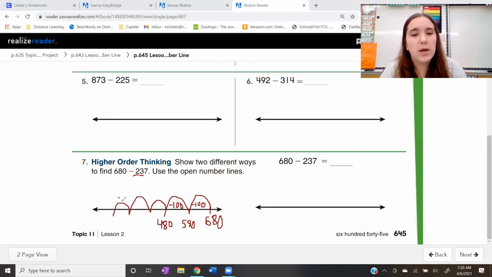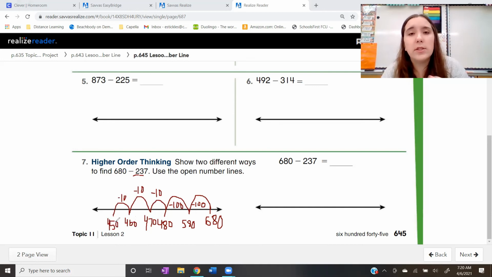So minus 10, minus 10, minus 10. I have 8 10s, minus 1 would be 7 10s, so 470. 7 10s minus 1 10 would be 6 10s, so 460. And then 6 10s minus 1 would be 450.